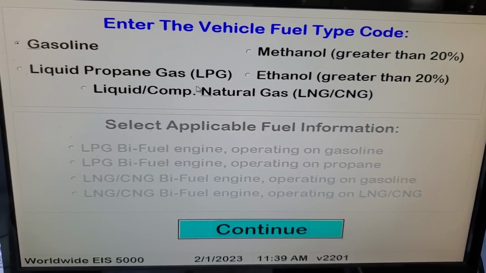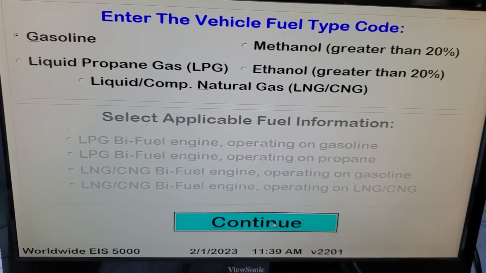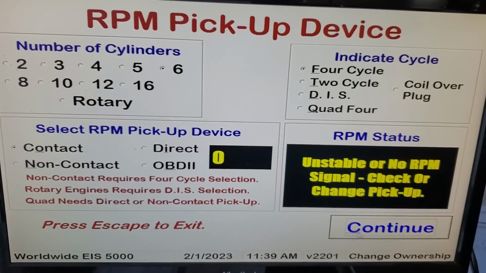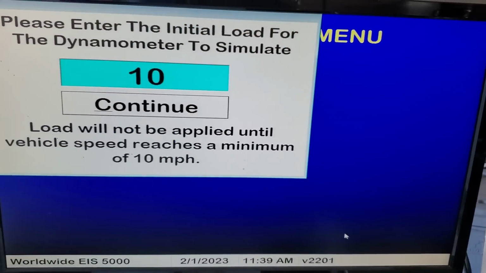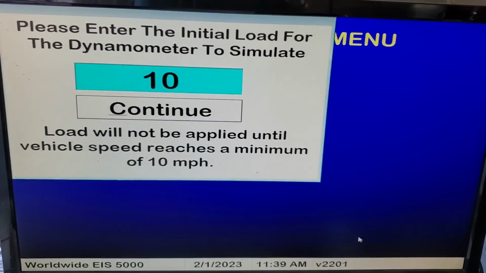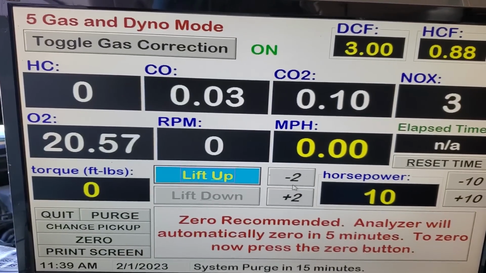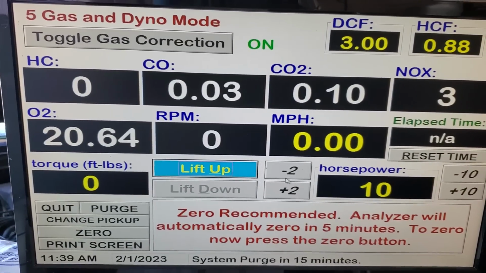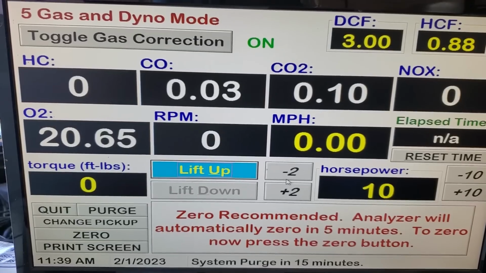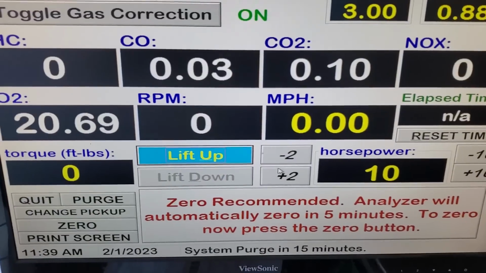Since we have the equipment and the option to do the correct testing, we'll do 10 horsepower. That seems about right. And we'll take a look at the gases, timing advance, shifting, all of that.